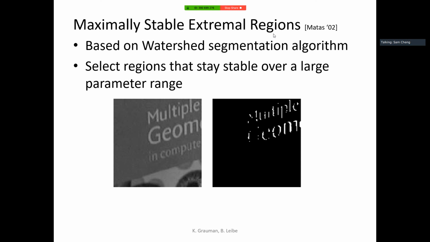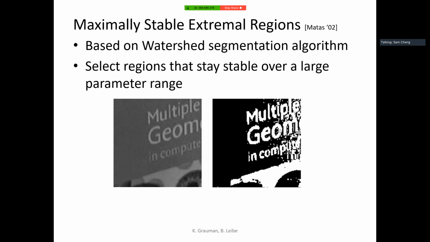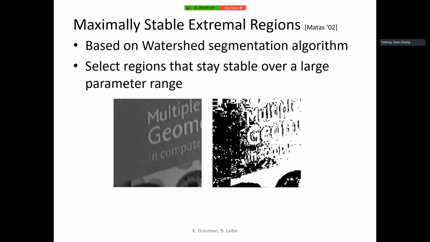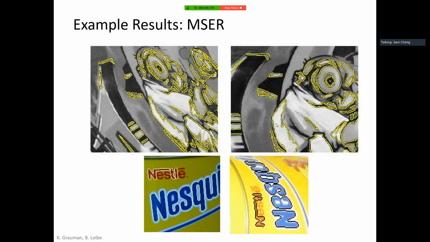Basically, you keep increasing the threshold level, so you have a segmentation effect like this. And you want to see which region will stay stable for a large range of parameters. If that happens, then that is considered a potential candidate for a feature. And so this is some example for MSER.